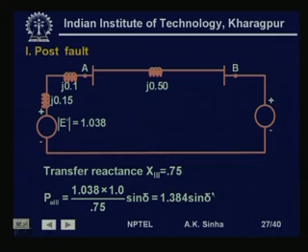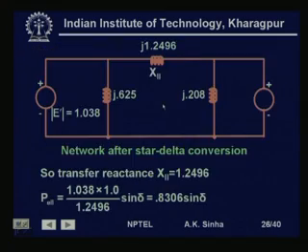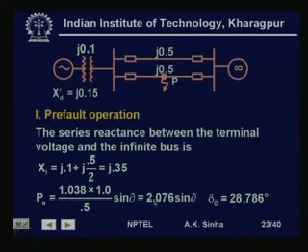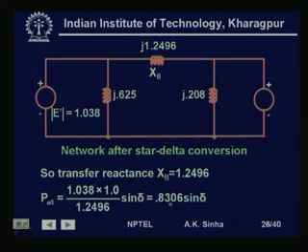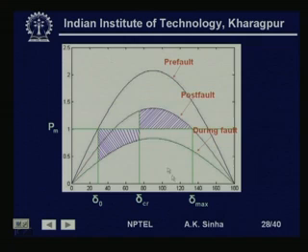1.384 sine delta. So, we can draw the three characteristics: pre-fault characteristics, which is given by 2.076 into sine delta, during-fault characteristics, which is given by 0.8306 into sine delta, and post-fault characteristics, which is given by 1.384 into sine delta.